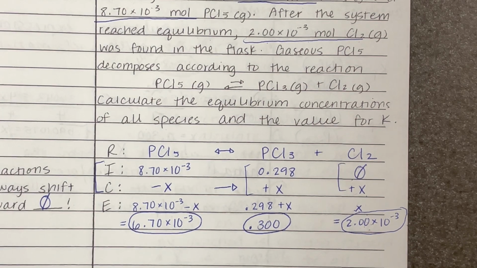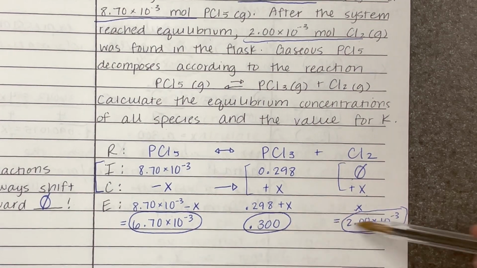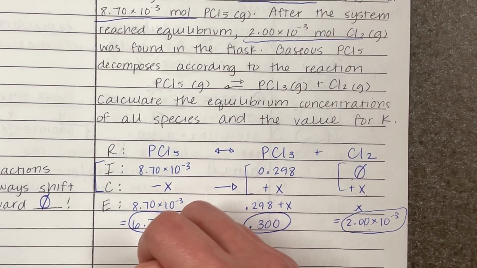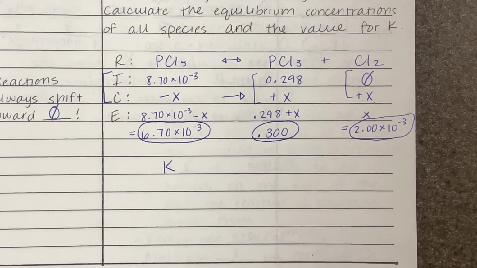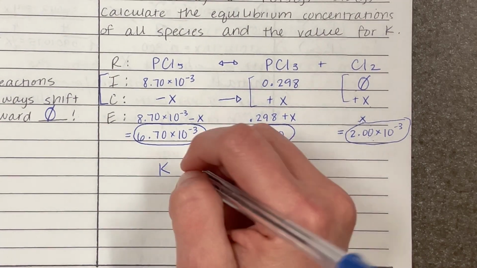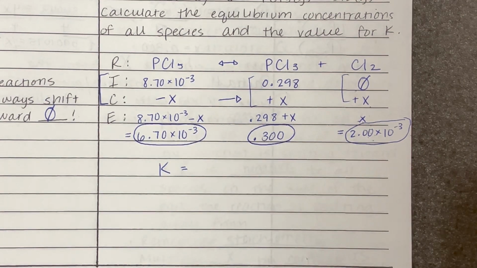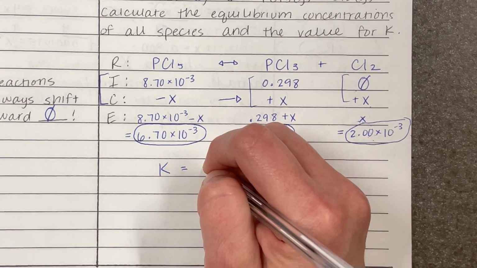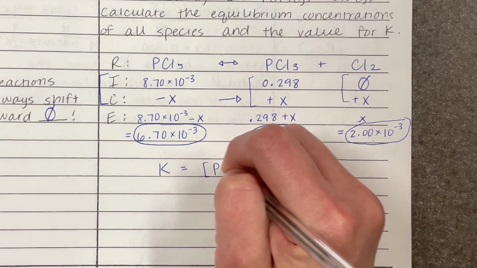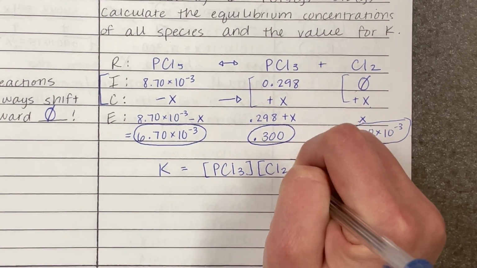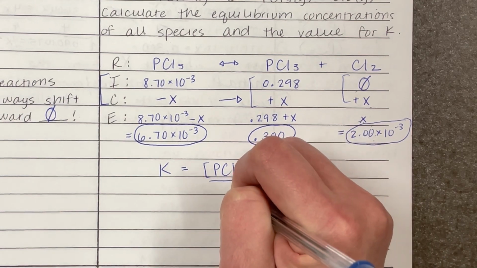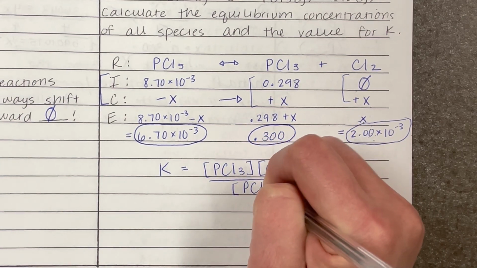We're done there. So those are my equilibrium concentrations, and now it's actually really simple to calculate K, our equilibrium constant, because the equilibrium constant, if we just write the expression, is equal to the concentrations at equilibrium of PCl3 and Cl2, our products, over the concentration of the reactant, PCl5.